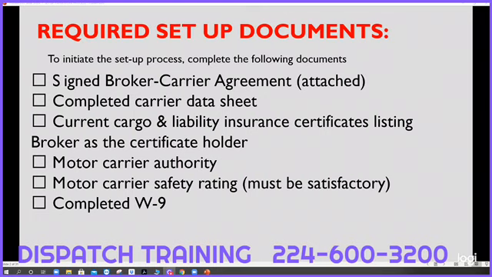Also, you need to make sure you contact the company which represents you for insurance, your agent, or maybe you have access online, and you can request a certificate holder for this company. You need to send them proof of motor carrier authority.